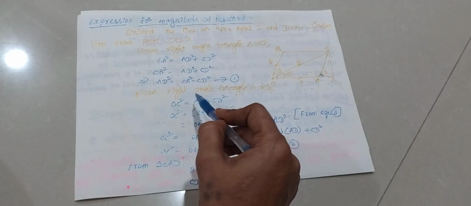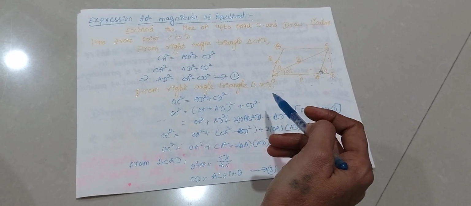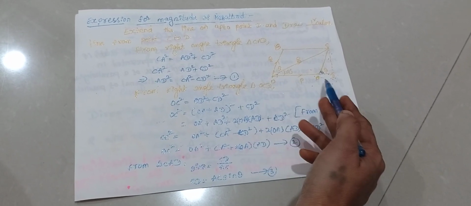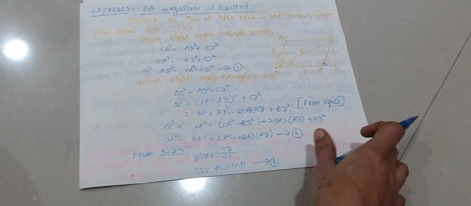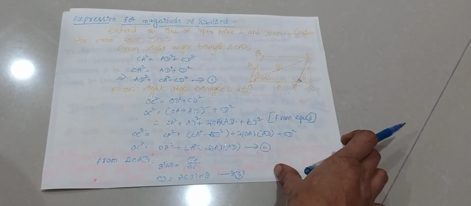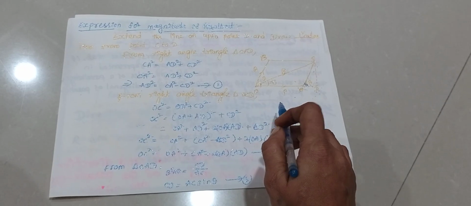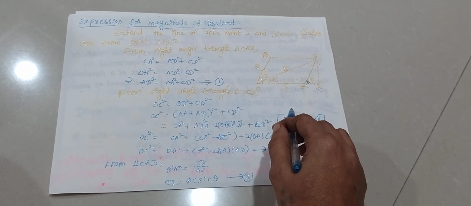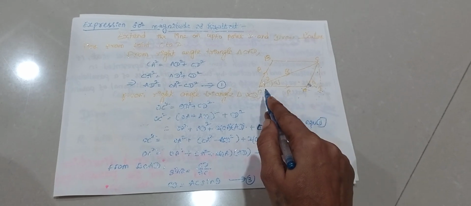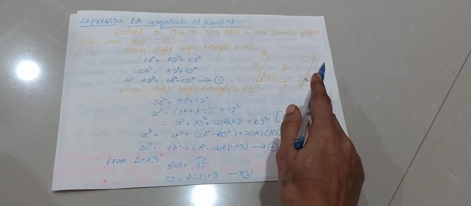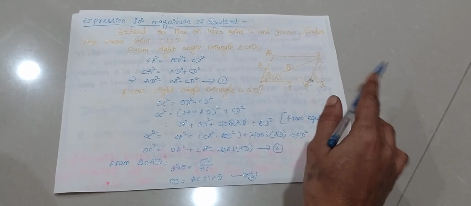And again, from another right angle triangle, that is OCD, the same formula applies. Side square plus side square is equal to hypotenuse square. Here the hypotenuse is OC, OD is one side, and CD is another side.